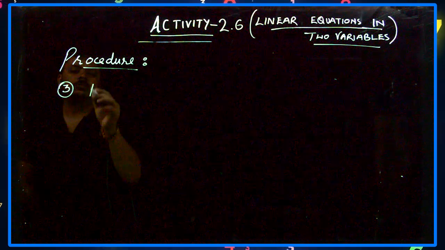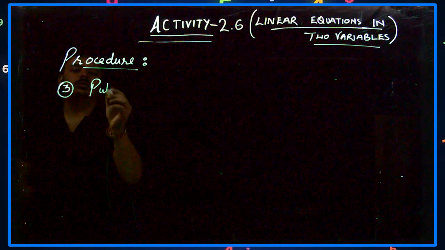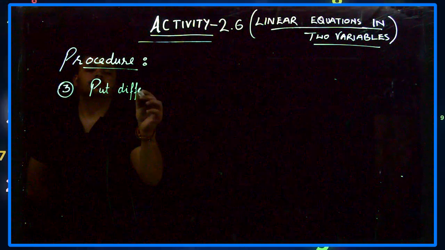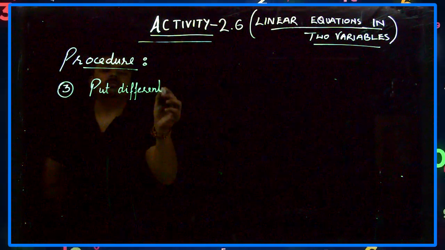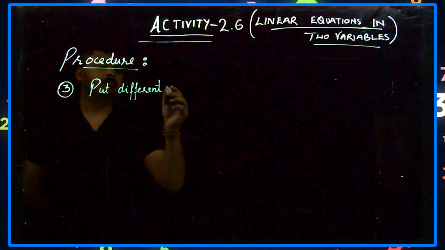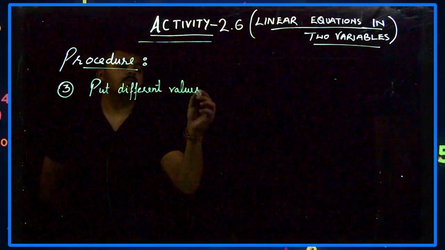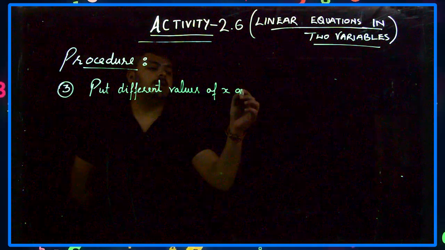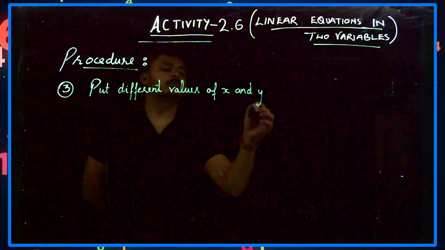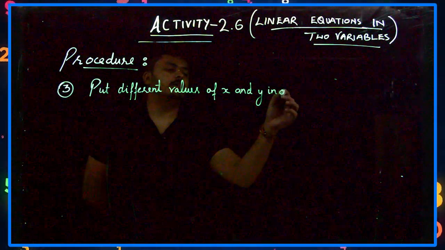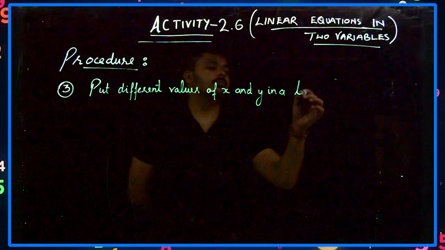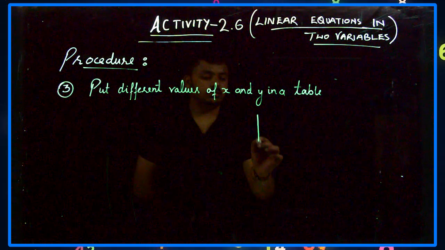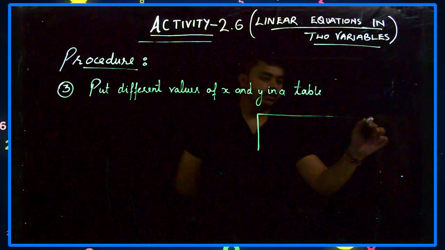Step 3. Now put different values of x and y that we have obtained in the previous step in a table. So let's construct a table for the values of x and y.